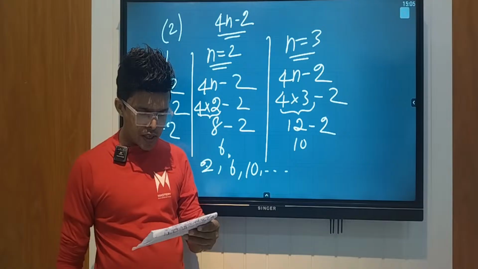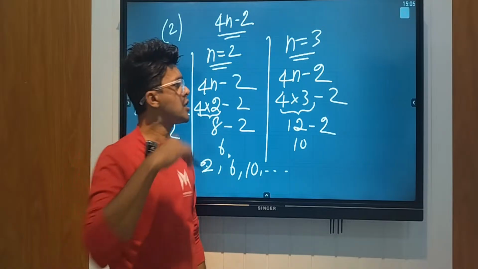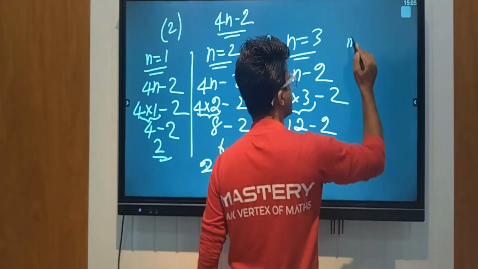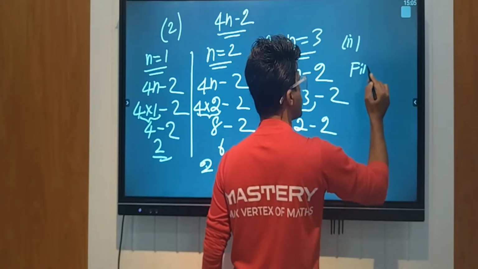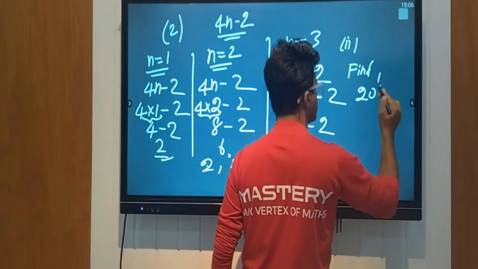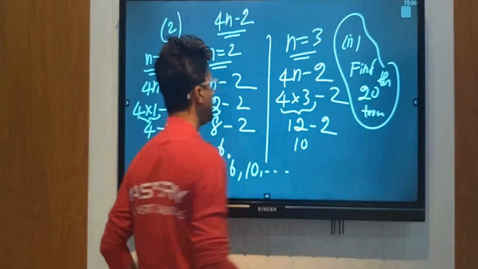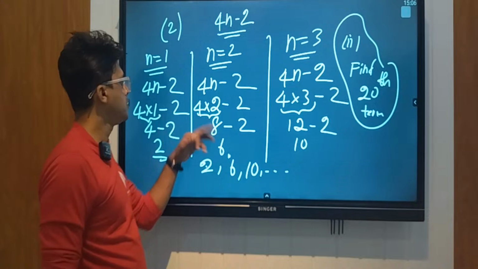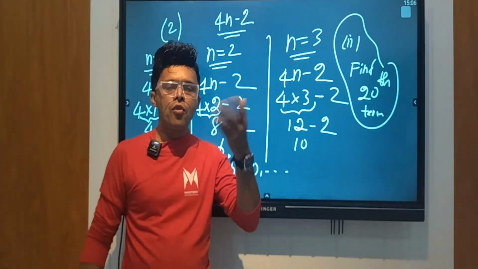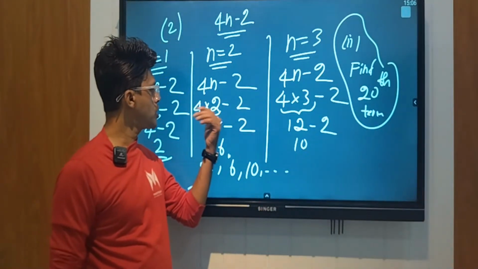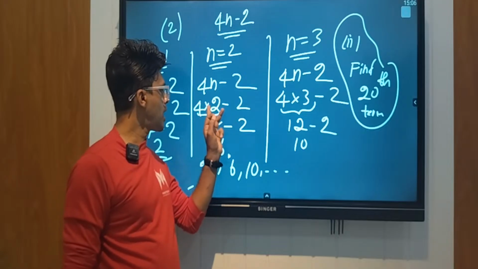The second question is to find the 20th term. If you want to get the second term, what do you do generally? You substitute n equals 2.